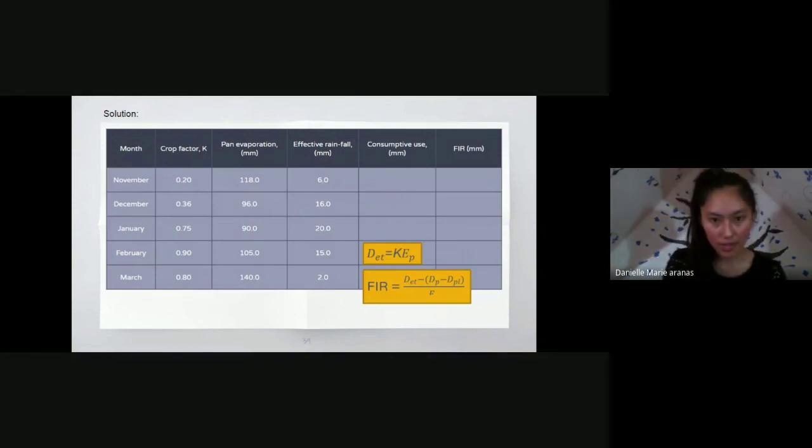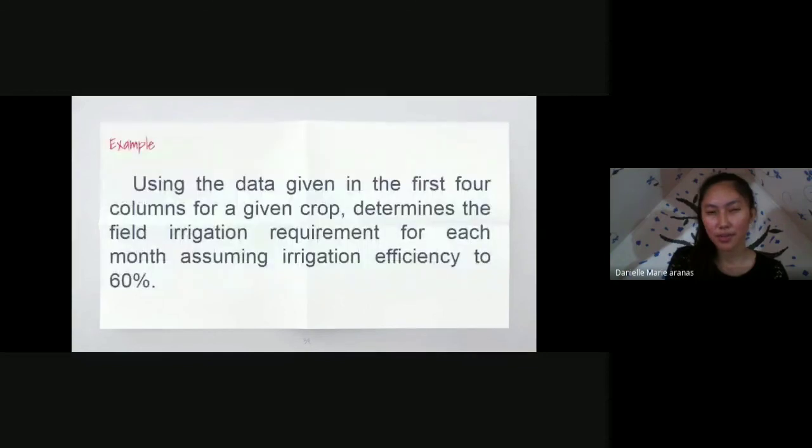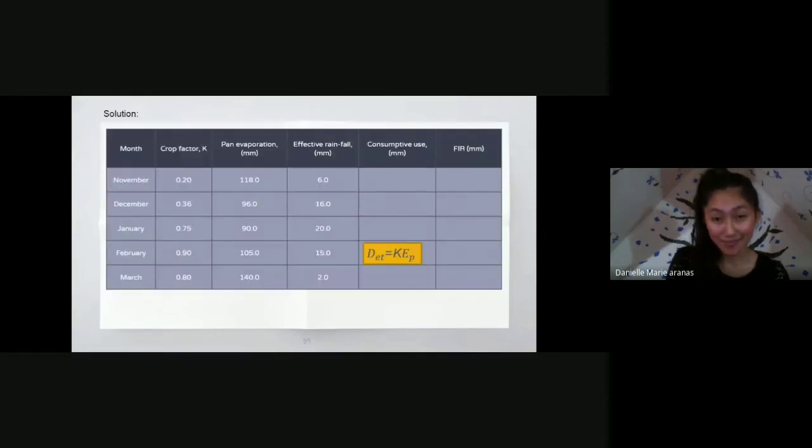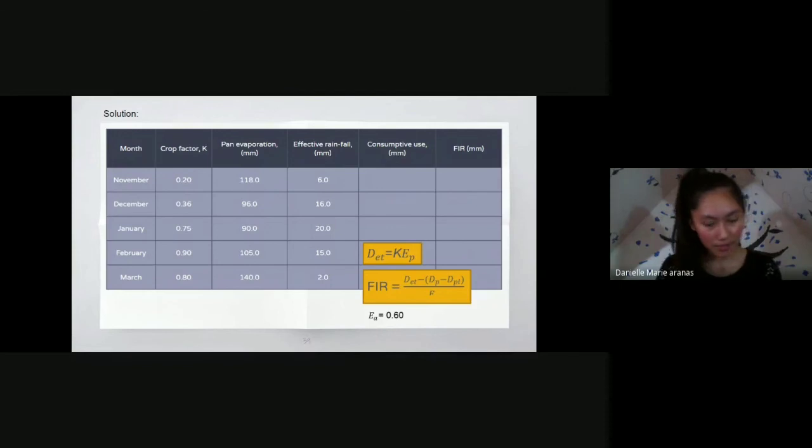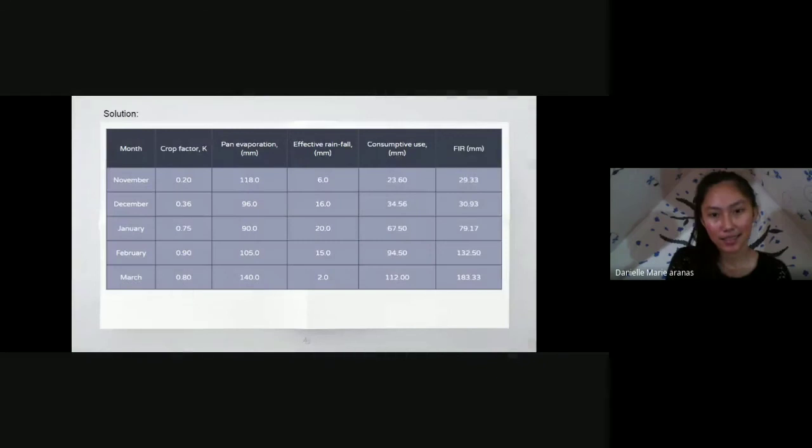Something wrong with my eyes. And we are going to divide it by the irrigation efficiency, which is given, 0.6, and that would give us 29.23. And that would be the rest of the answers.